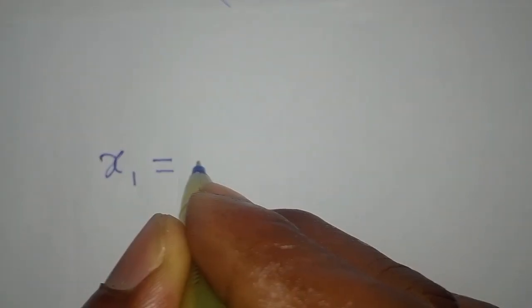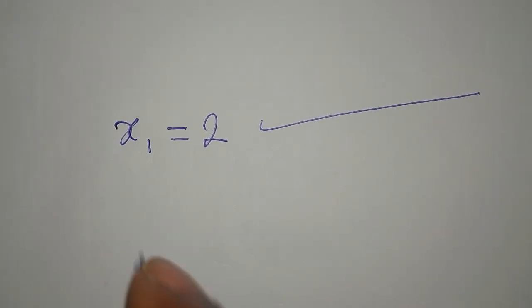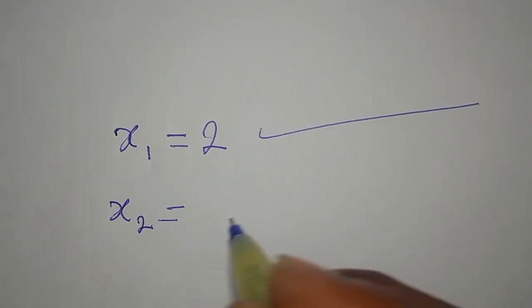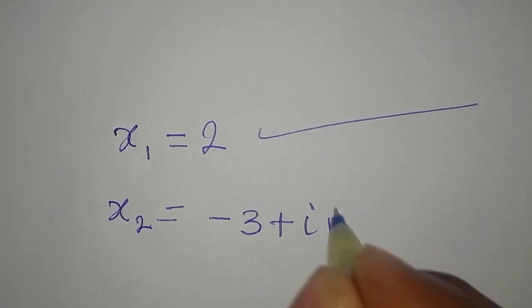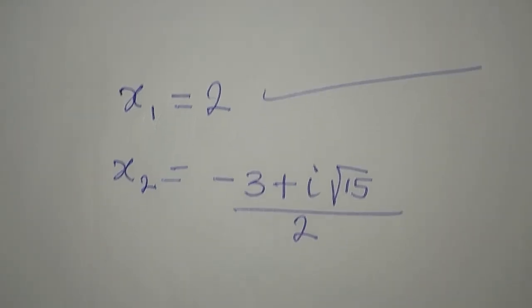Okay, so if you can remember, the first value of x we had is x1 equals 2. So this is the first solution. Then the second solution is x2, and it's from what we just got. So we're going to have minus 3 plus i root 15 over 2, second solution.